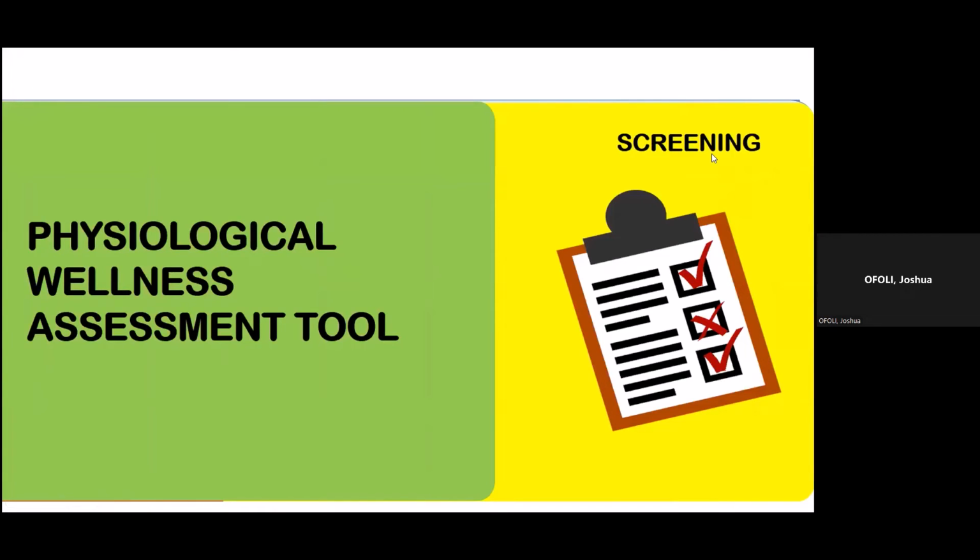And there are screening tools that are available to be used to assess your degree of stress. Which screening tool have you used as an individual or have you used for your patient? The psychological wellness assessment tool is the commonest tool that can be abridged and shortened for self-assessment. Thank you, and over.